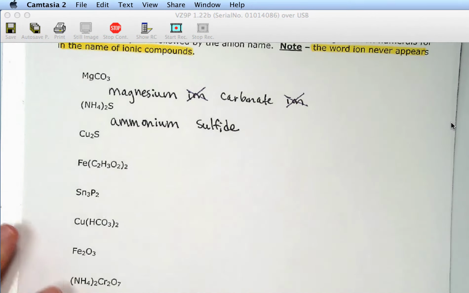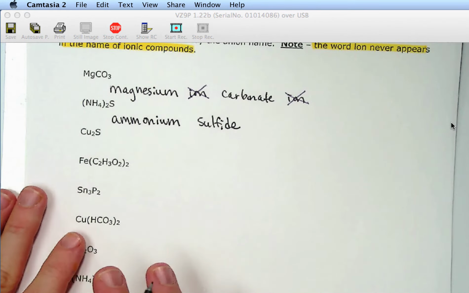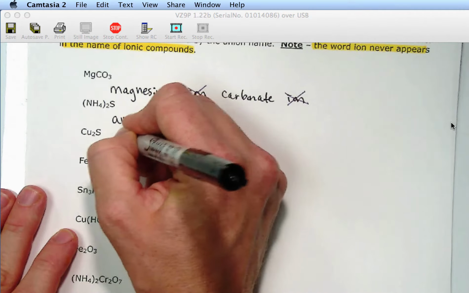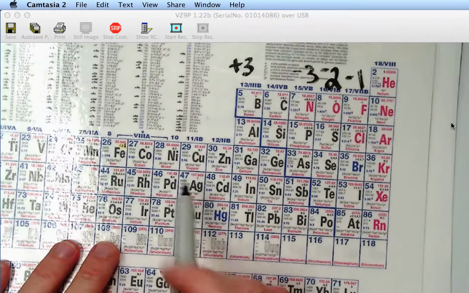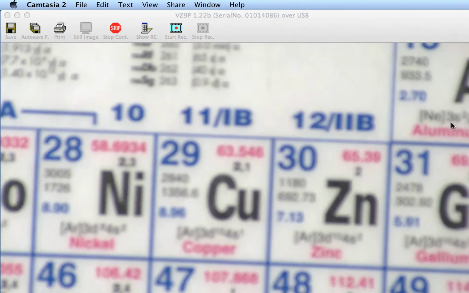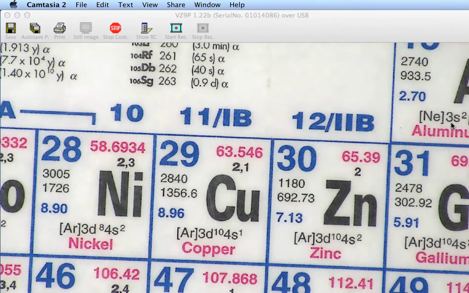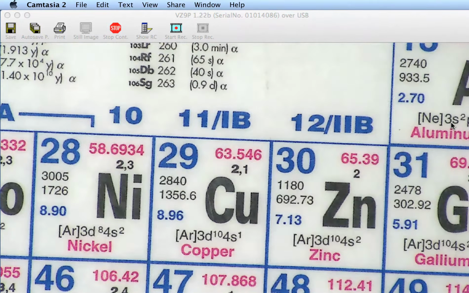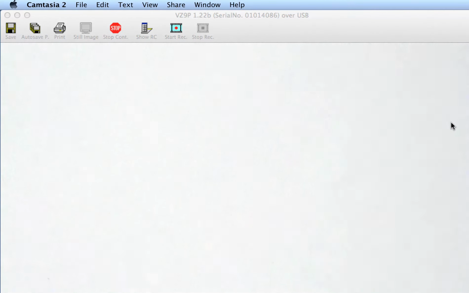Okay, so let's name this both ways. We'll name it the IUPAC way first. So copper. Now, you look on your periodic table for copper, and you'll see 2 and 1. Well, which one could it be? This is where you do the crisscross and raise. It's going to be 1.